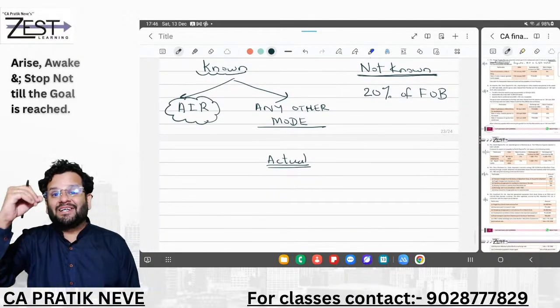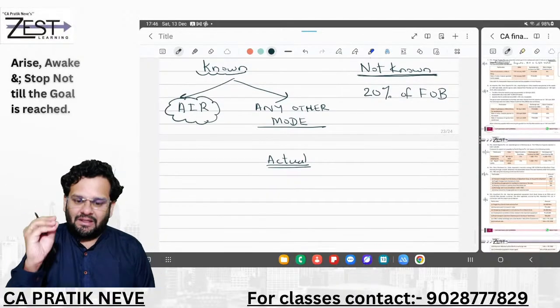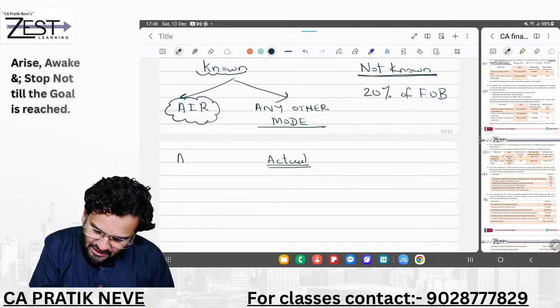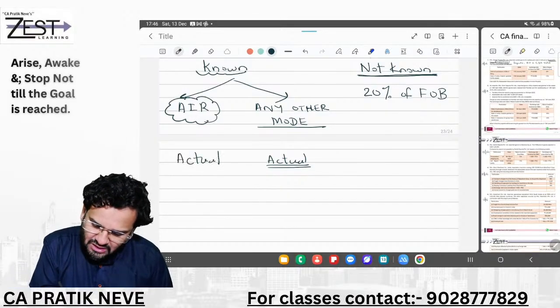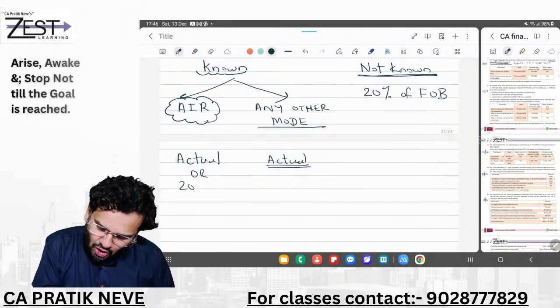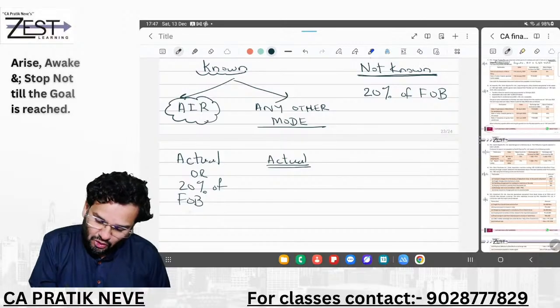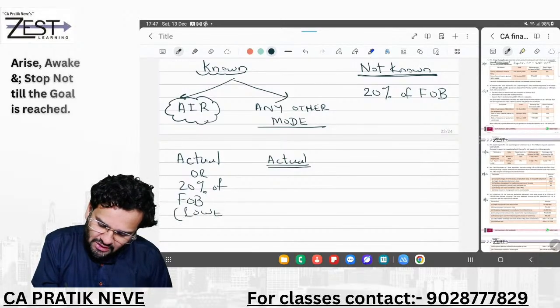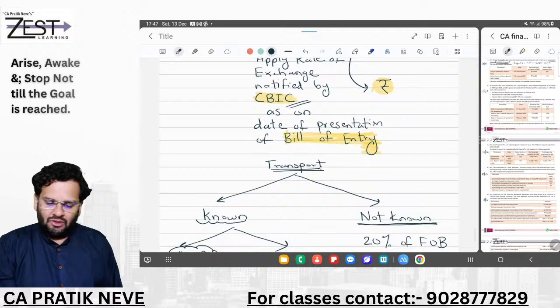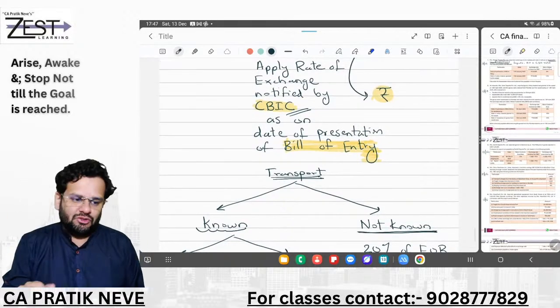They are giving you a bit of relaxation. They are a bit liberal with you. They are saying take actual or 20% of FOB, whichever is lower. So of course lower is in your favor only, because assessable value you want as low as possible.